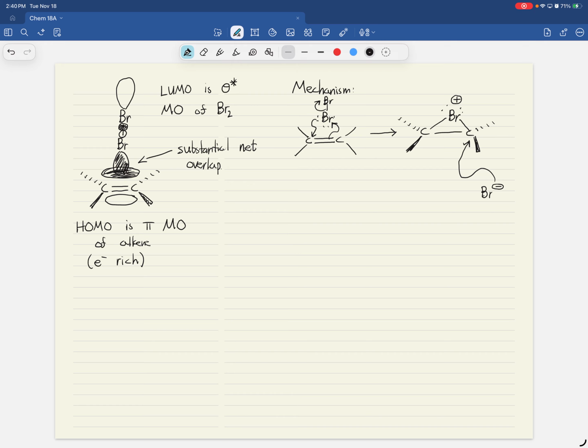So SN1 type, but SN2 type chemistry, and you break up the bond there. So what you get over here is trans addition. So the bromine is going to stick up here. But the bromine attacked from the bottom face, so that's why it's sticking out like this.